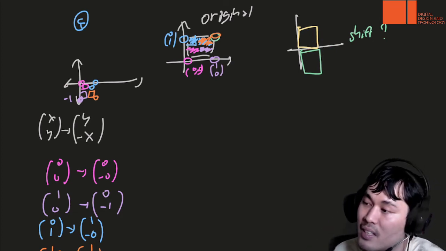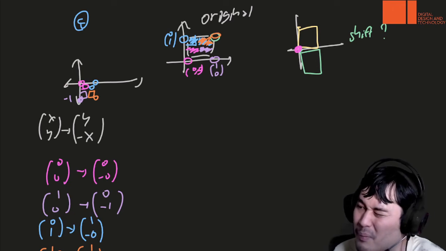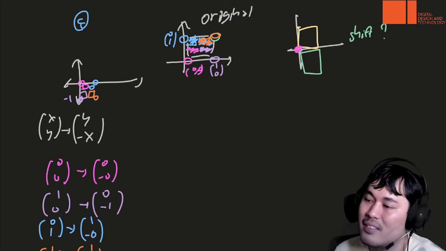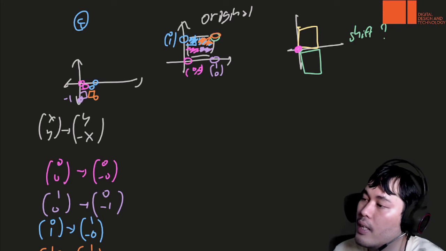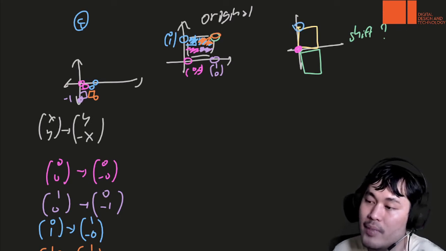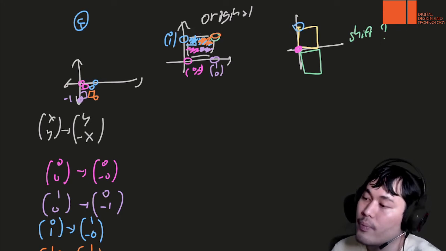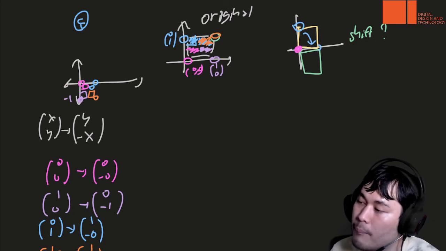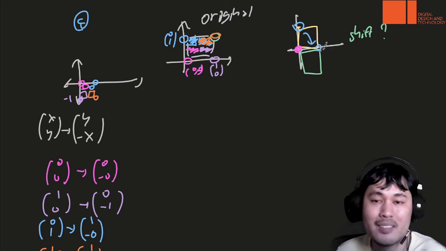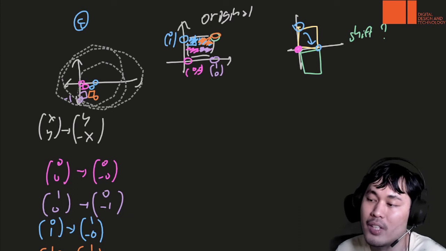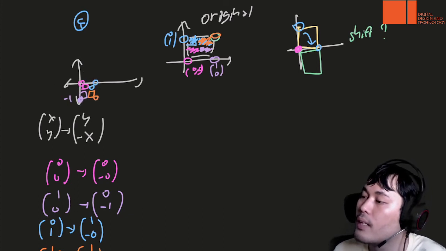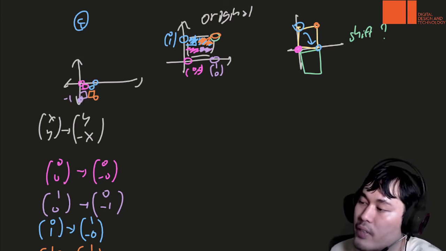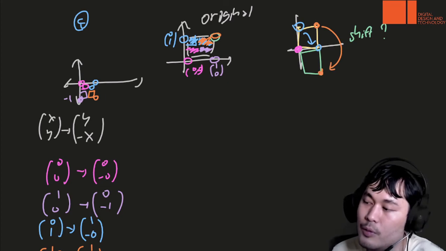In this case, the bottom left corner will stay in the origin. The blue corner was up here in the original version. It moves to the upper right corner in the transformed one. Then this orange one is also moved, or in this case rotated, to this point.